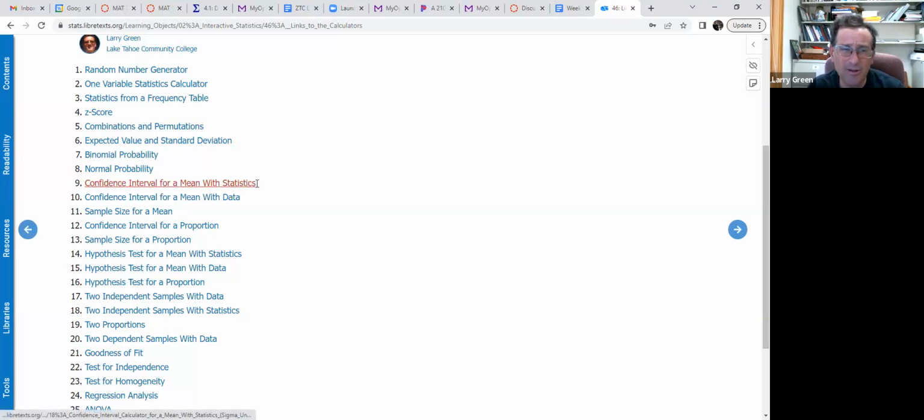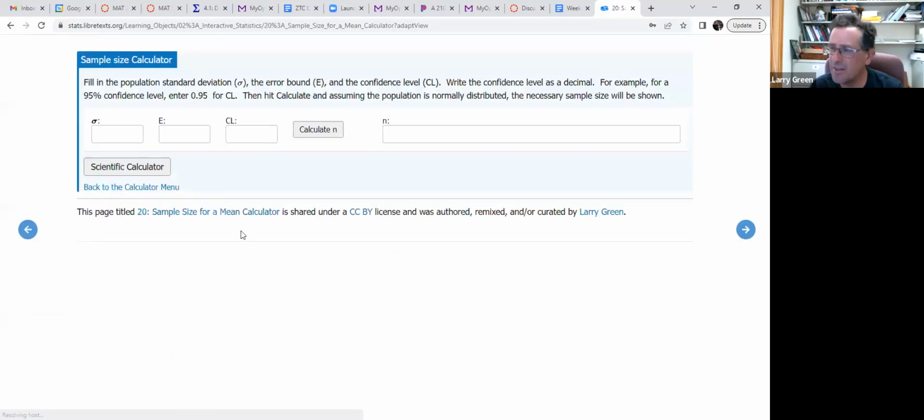Okay, number 9 is when you want to find a confidence interval, but we don't need the whole confidence interval. What we want is a sample size. And the survey question will be, you're going to ask this nurse, how much do you make an hour? So it's going to be sample size for a mean, because the nurse isn't going to say yes. The nurse is going to say, I make $85 an hour or whatever. So it's sample size for a mean. Any questions on that? Okay, so it's important that you can come up with the right calculator number.